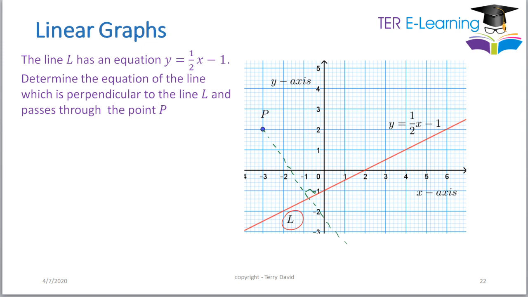So I'm waiting for you all to come up with an answer, right? First thing we need to do, we need to figure out what the gradient of that perpendicular line is. That's the first thing we need to do. Then we have to use the point P in order to figure out what my constant is in my equation. All right?